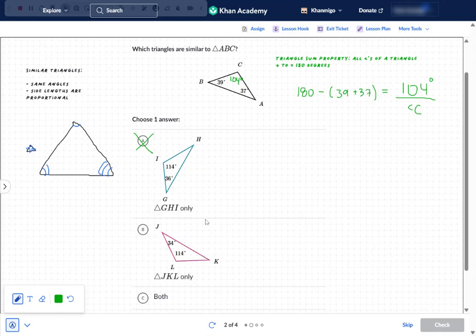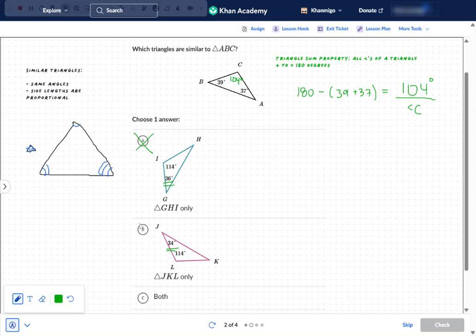Let's double check. Even if I did this math wrong, there's no 36 or 34 that was given, so already that's sus. Let's double check the math. 39 and 37 is 76, minus 180, 104. Yep, we did it right.